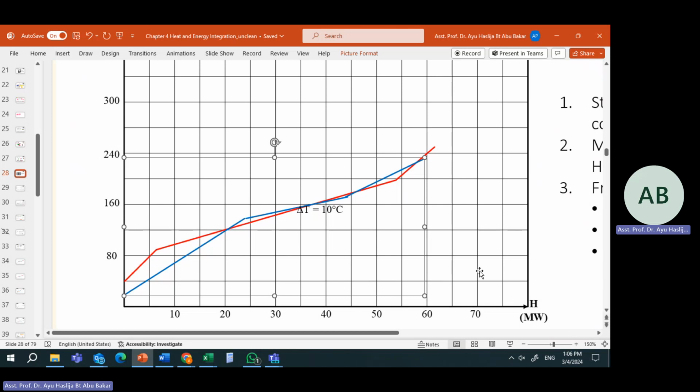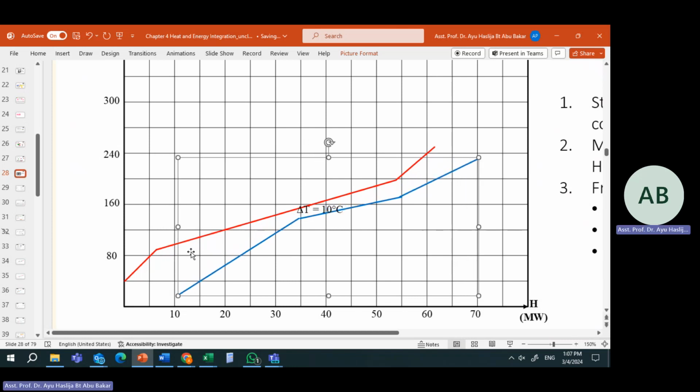Overlap both streams, hot and cold. Just now we plotted the red one is hot, blue one is cold. Now move the hot horizontally.